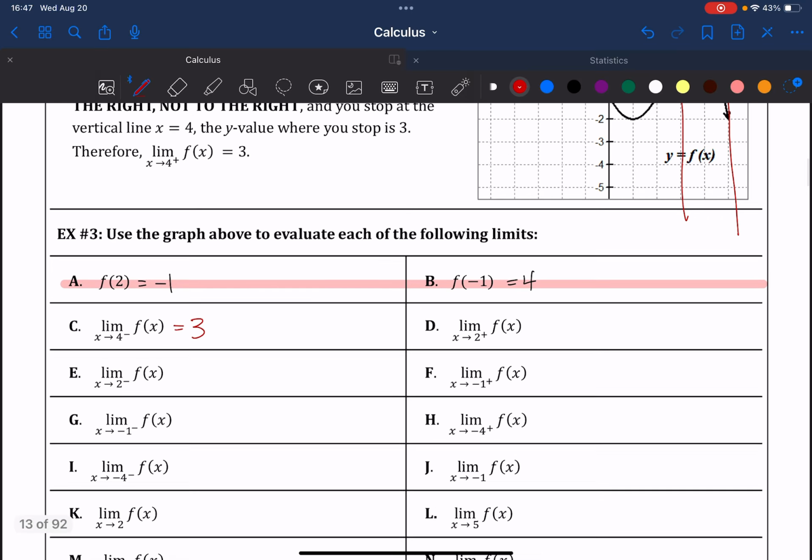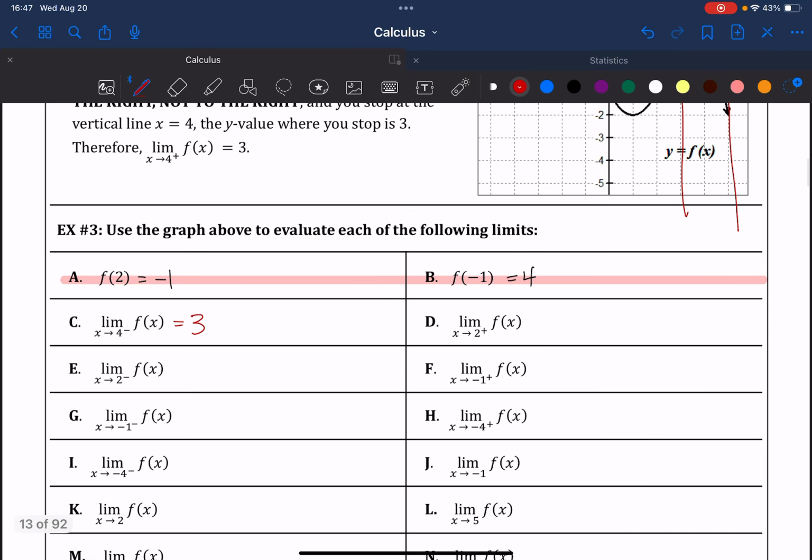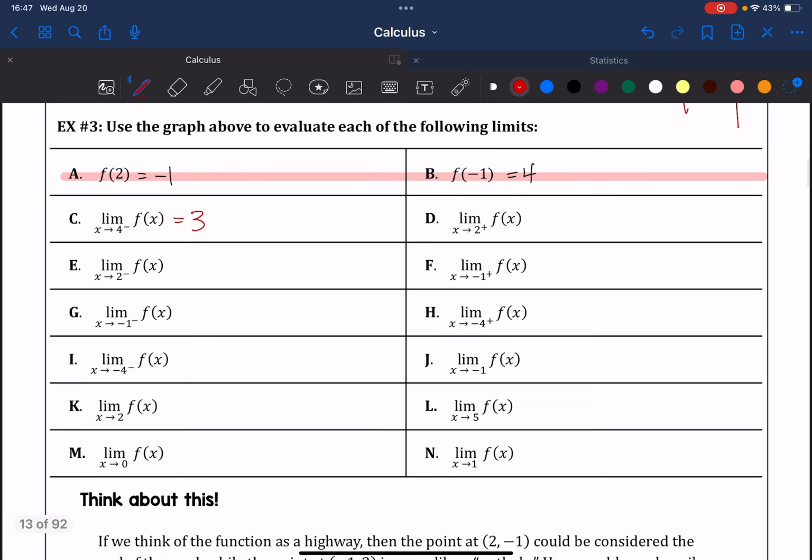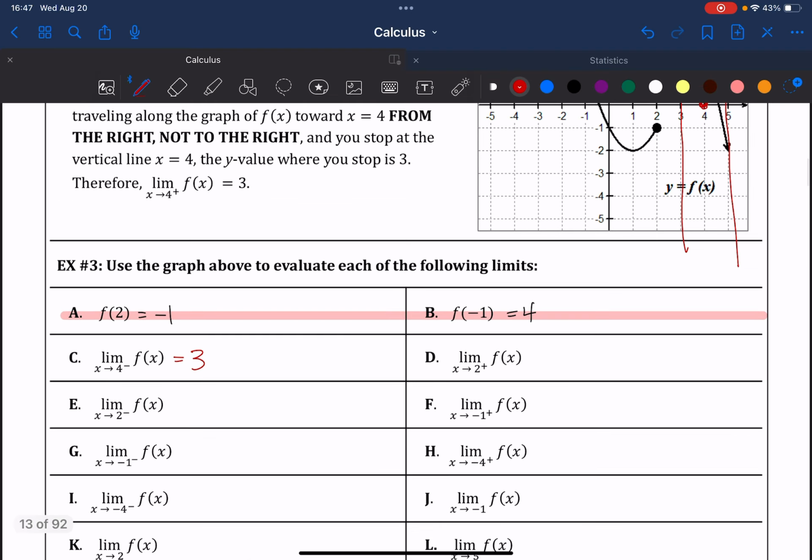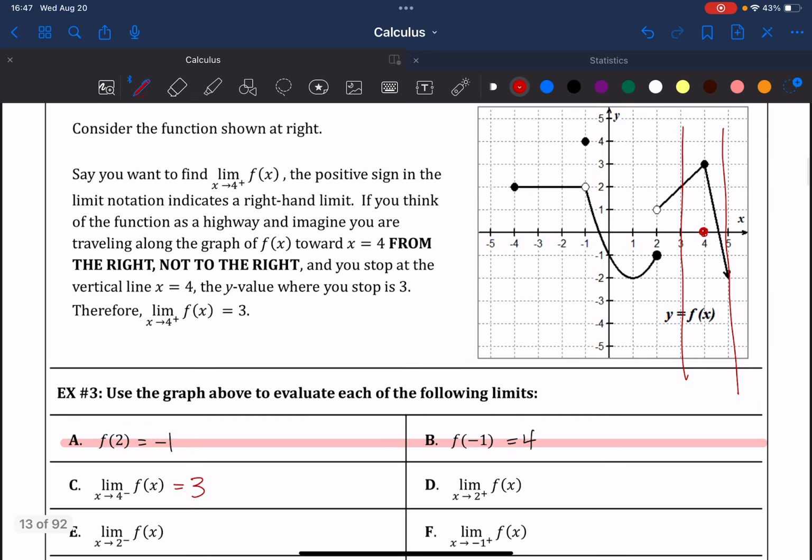Let me see if they have one for the right. So that's -4. No. Okay, so now let's look at D. So D is looking at 2 from the right, so I'm going to erase this so I can redo it. Okay, so here's 2.